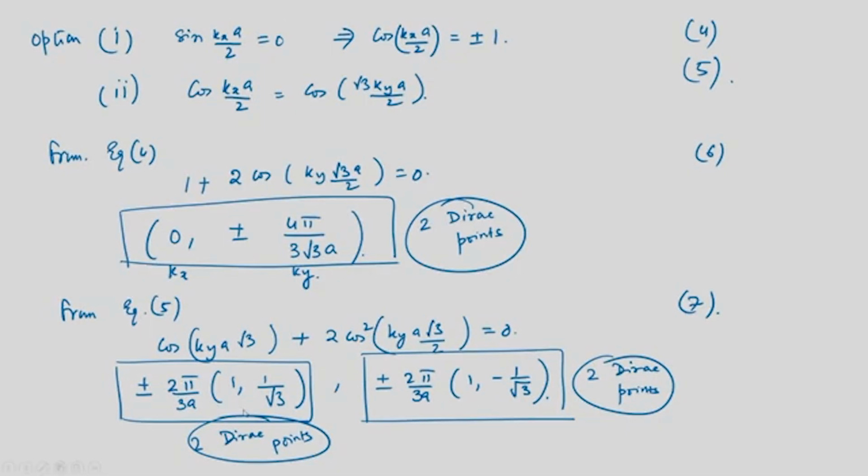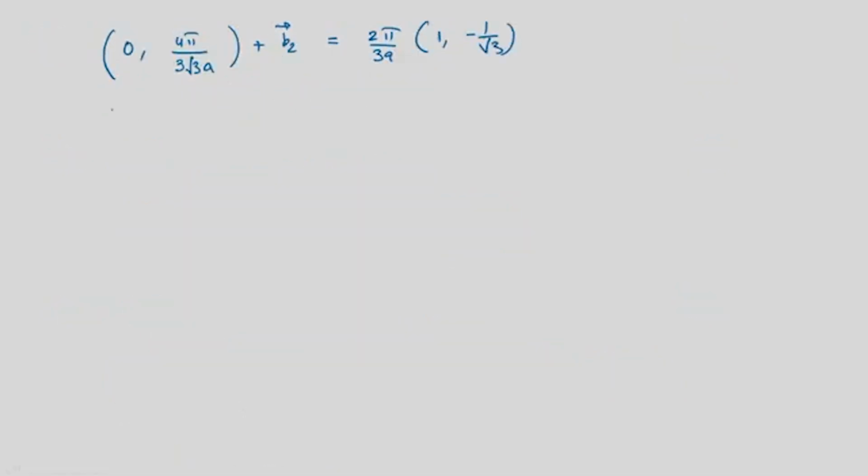Okay. And we have 0, 4 pi by 3 root 3 a, plus or minus b1, which gives another one, which is 2 pi by 3 a (1, minus 1 by root 3). Okay. So, these are the two relations.